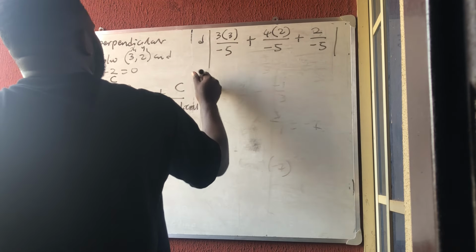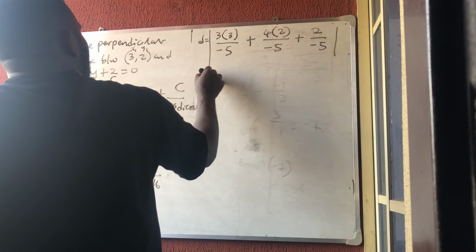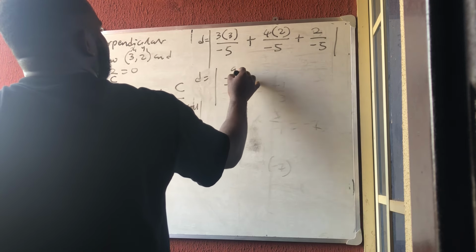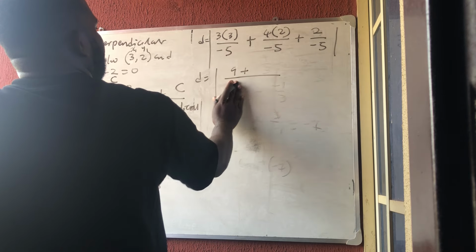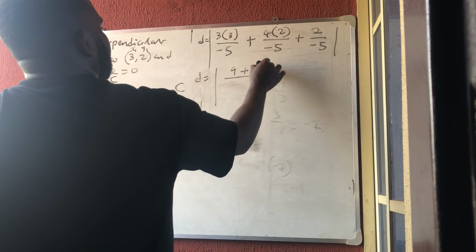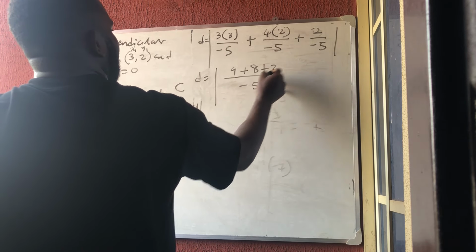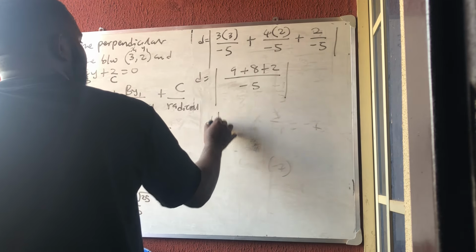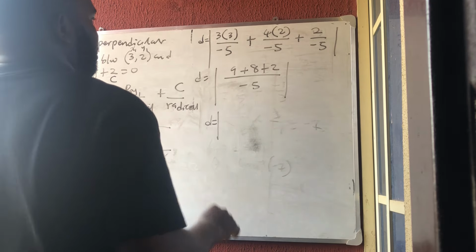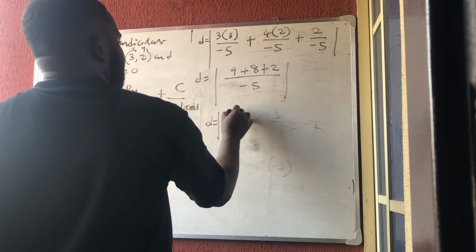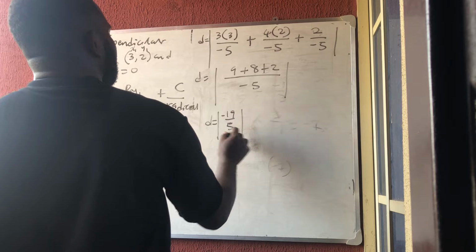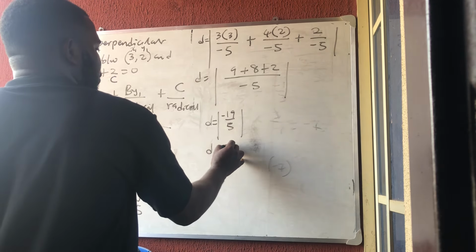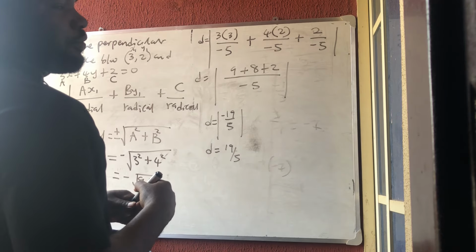So their LCM is minus 5. The absolute value of 9 plus 8 plus 2, everything over minus 5. So I'm having d is now equal to minus 19 over 5. But absolute value says I must be positive, even if I'm negative. So to remove the absolute value, I'm having only 19 over 5. So 19 over 5 is the result.